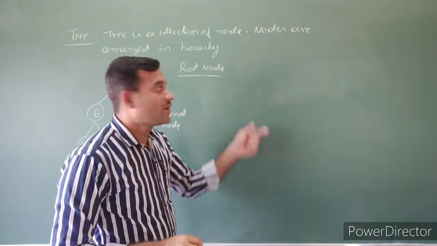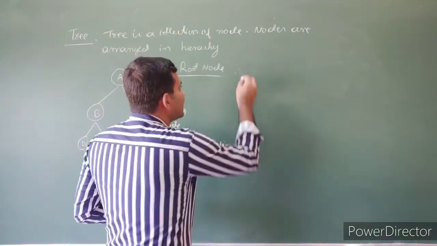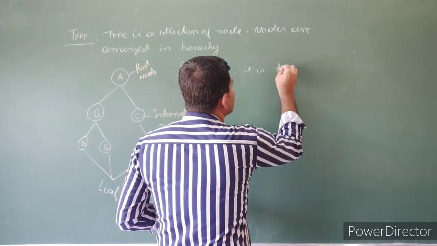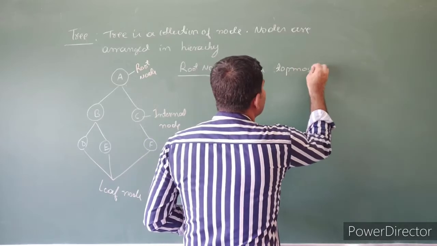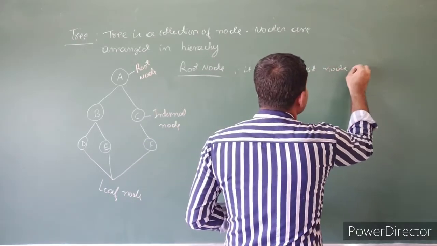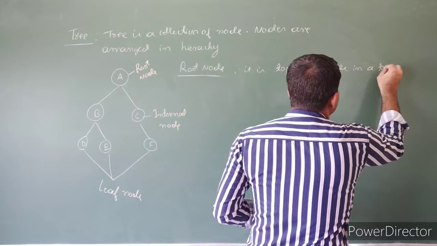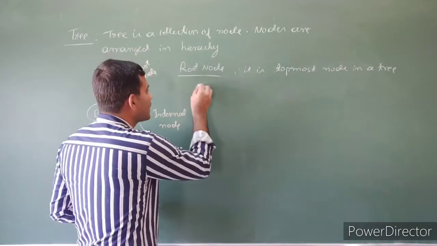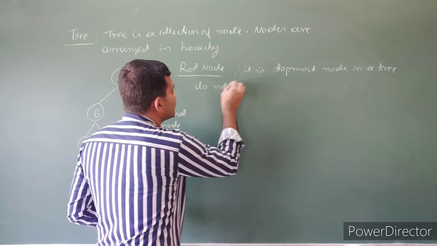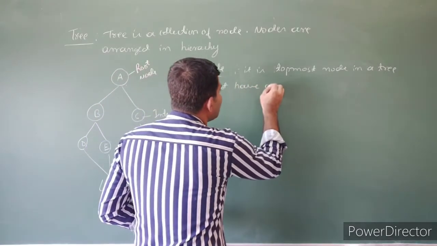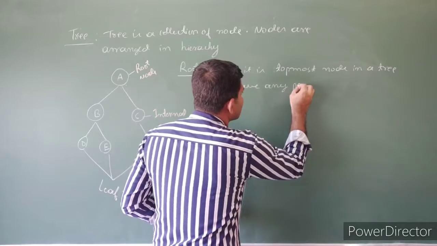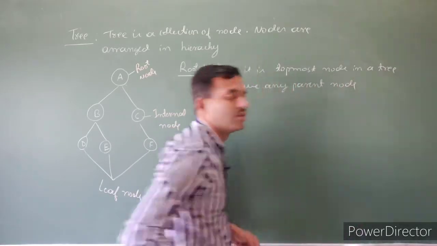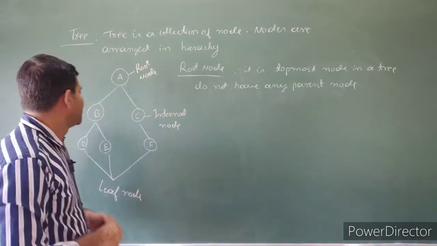The root node is the topmost node in a tree, and it does not have any parent node.